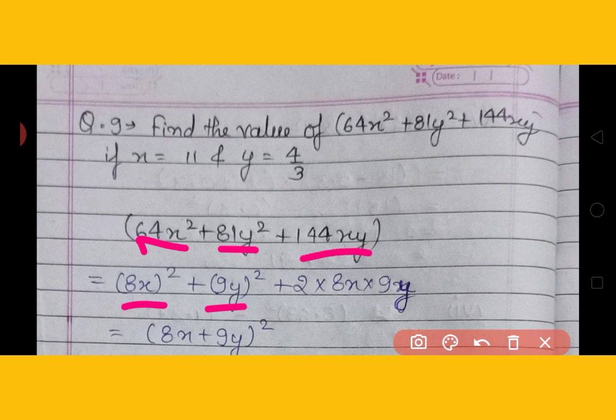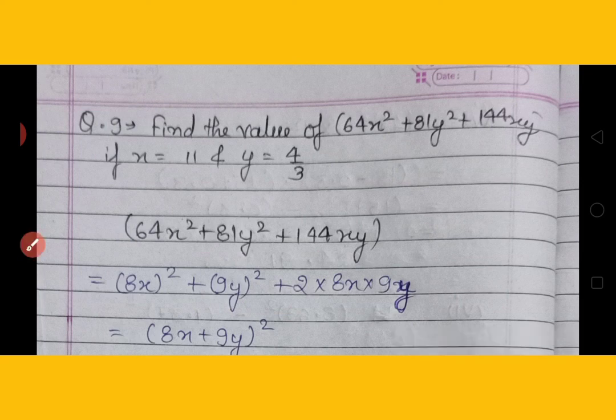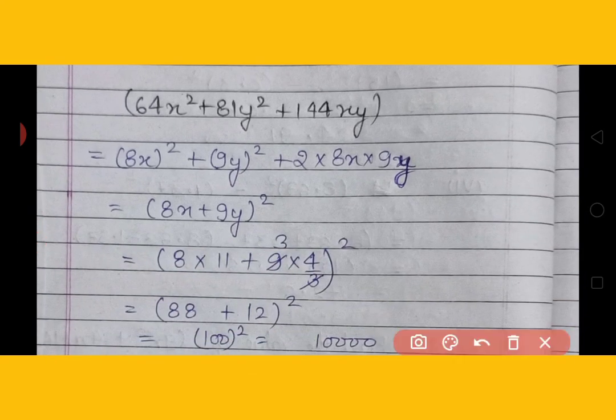And 144, 2 multiplied with a and b, so 2 multiplied with 8x multiplied with 9y. So it can be written in the form of (8x plus 9y) whole square.